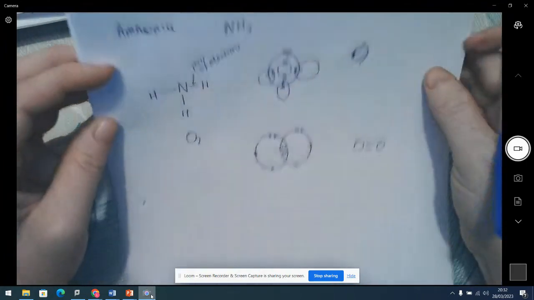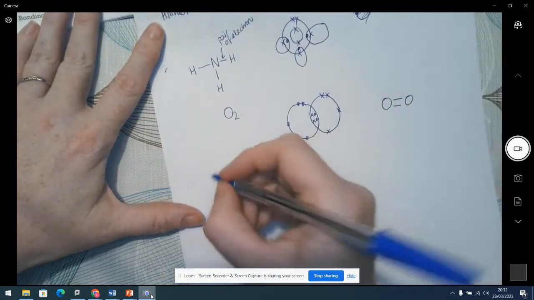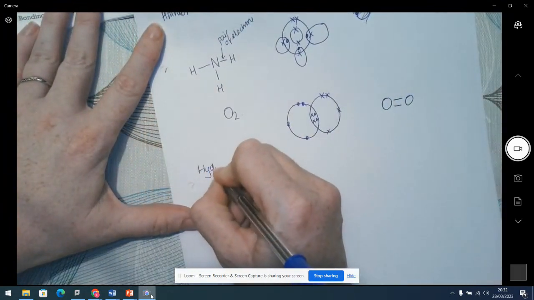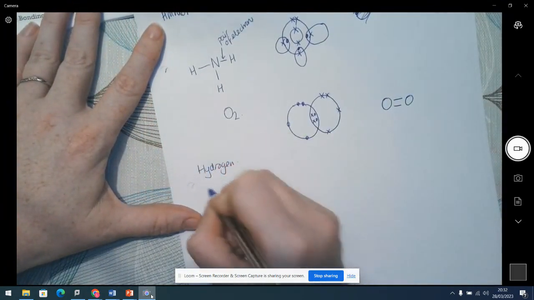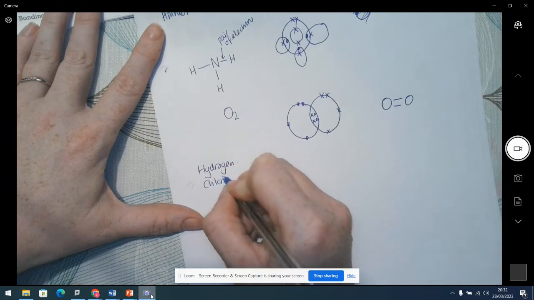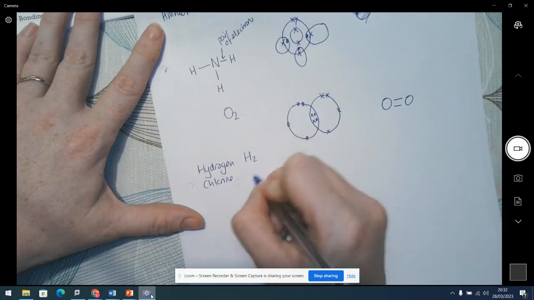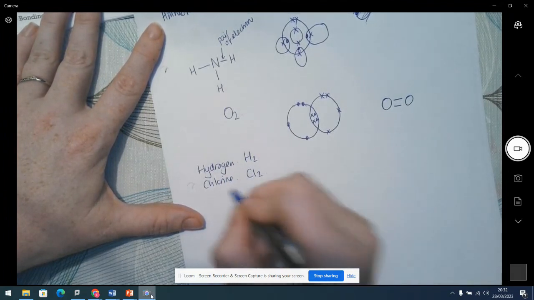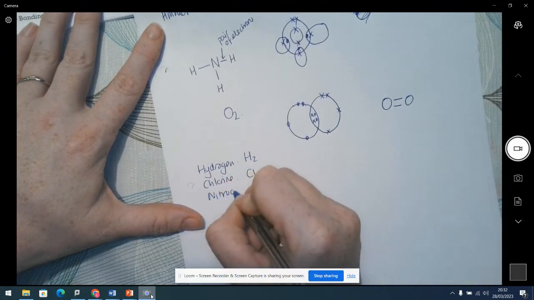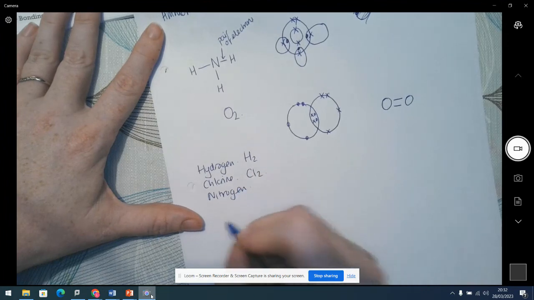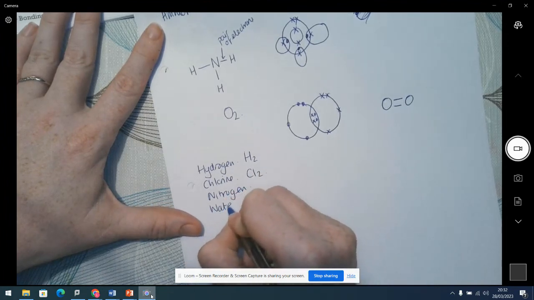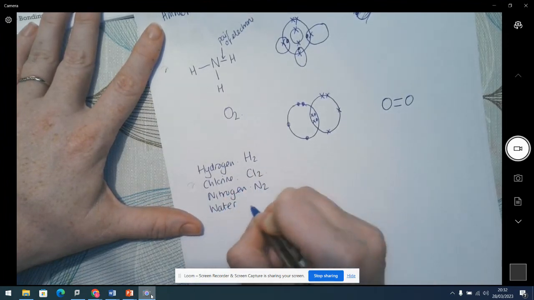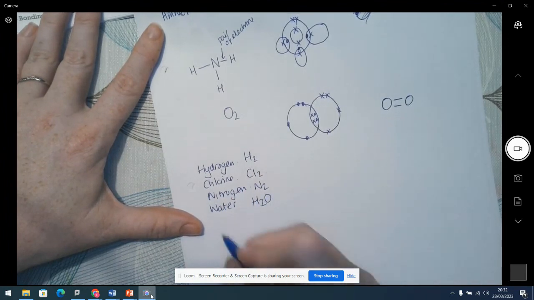So the molecules you are expected to be able to draw are hydrogen, chlorine, remember, diatomic, so comes in pairs, oxygen, nitrogen, water, what else?